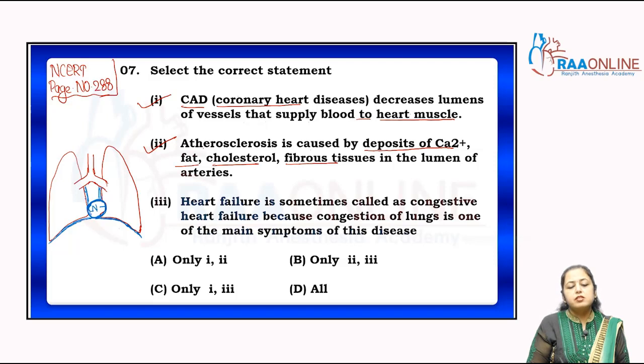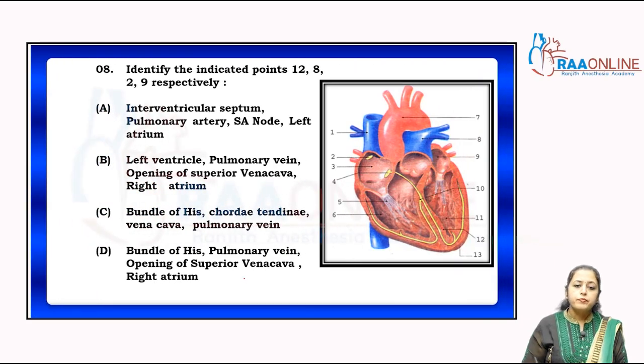It inhibits the proper functioning of the heart, and due to that, heart failure occurs just due to the congestion. That's why heart failure is sometimes called congestive heart failure, because congestion of the lungs is one of the main causes of the disease. So exactly, it's correct, right? So the correct answer is all correct. That is, the answer is D, right? Answer is D. Now come to the next question.